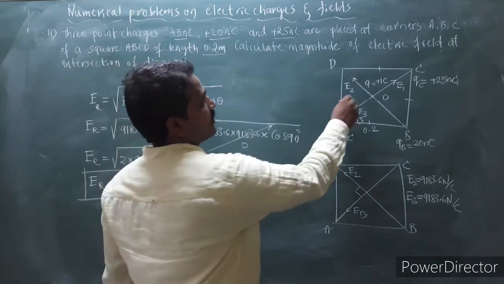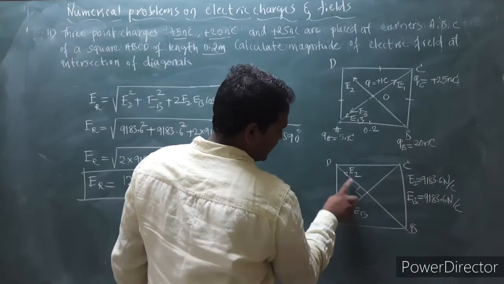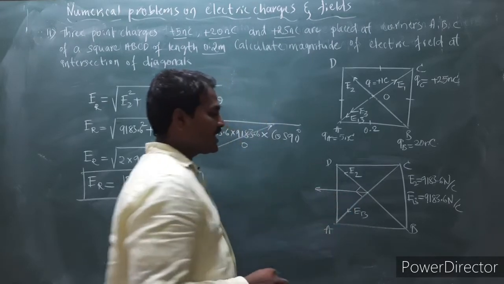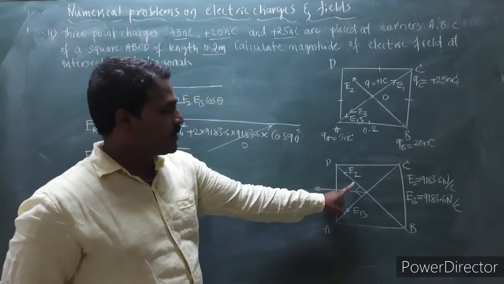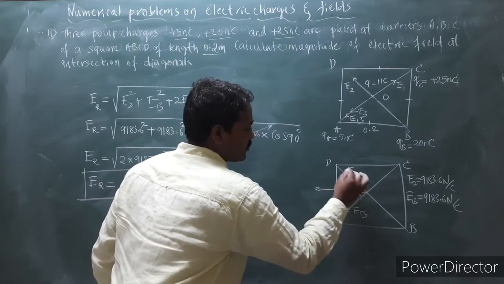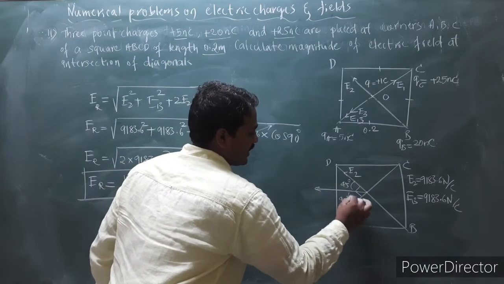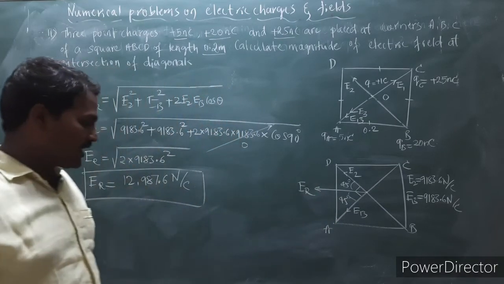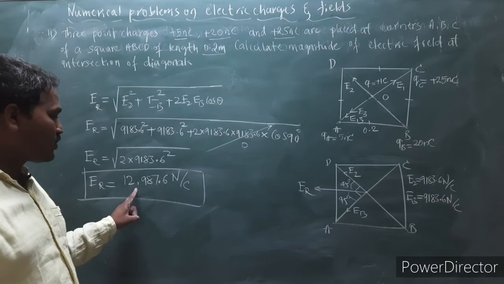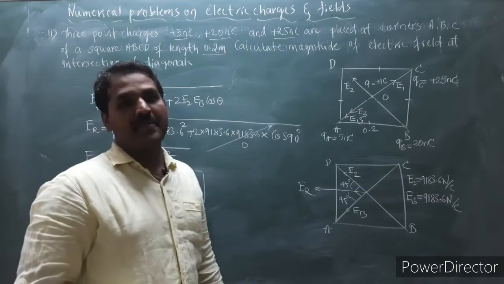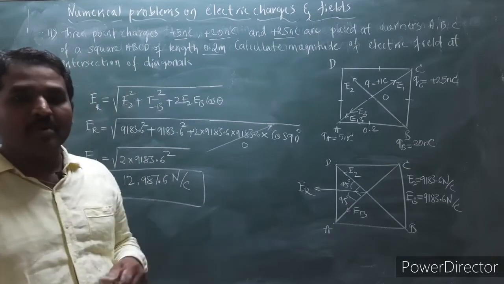You can clearly observe that E2 and E13 are equal to each other, so your resultant electric field will exactly bisect the angle between these two vectors. So it will be at an angle of 45 degrees to E2 as well as 45 degrees to E13. This is the direction of the resultant electric field, which is 12,987.6 newtons per coulomb. I hope the problem is clear.